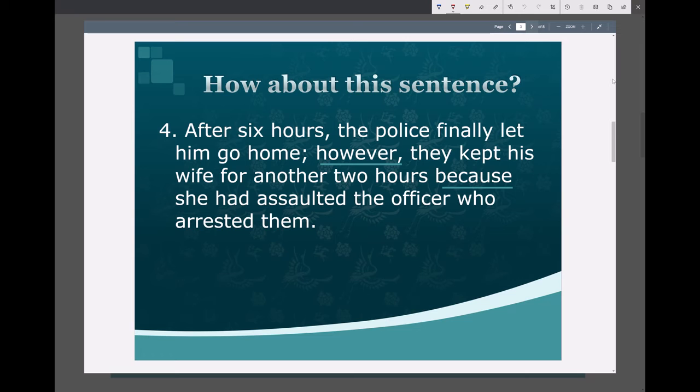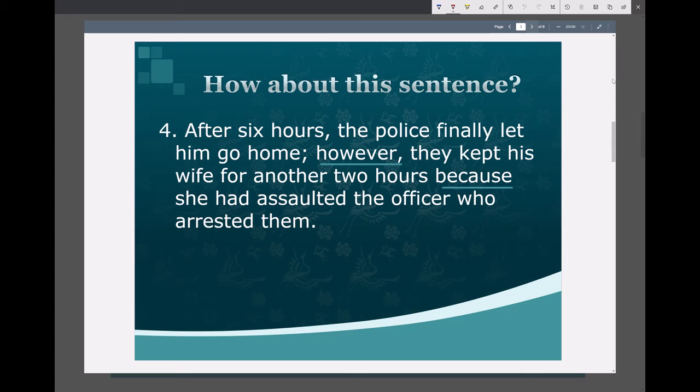Take a moment to write the sentence down. Note any new punctuation, for example, the semicolon and the transition word. And a new connecting word. And a new clause. Did you find them?